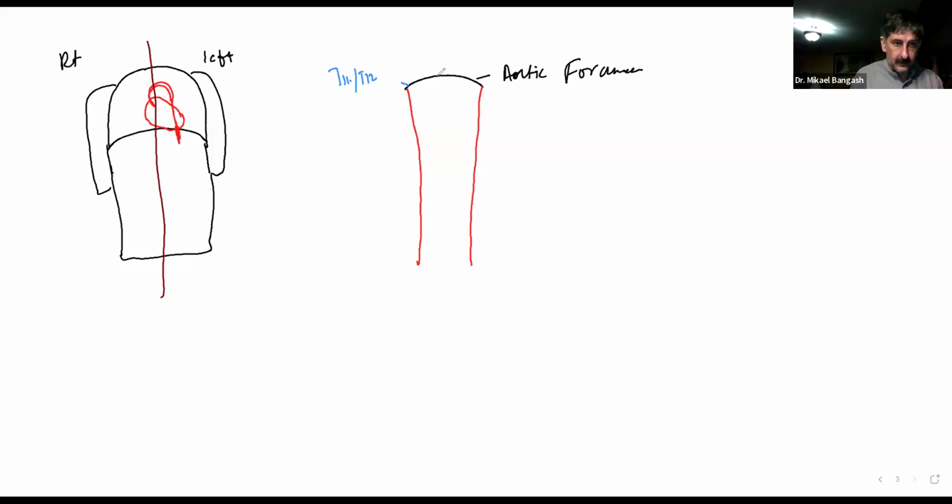Now guys, in this area here is going to be your stomach. We will also have the duodenum, and this is all of our duodenum.